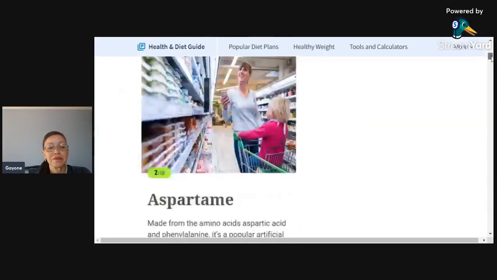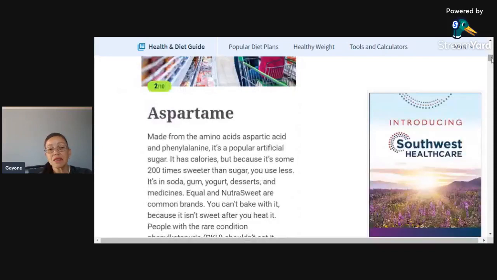All right. So here's the first one, aspartame. Sorry if I'm mispronouncing this. Made from amino acids, aspartic acid and phenylalanine, it is a popular artificial sugar. It has calories, but because it's some 200 times sweeter than sugar, you use less.